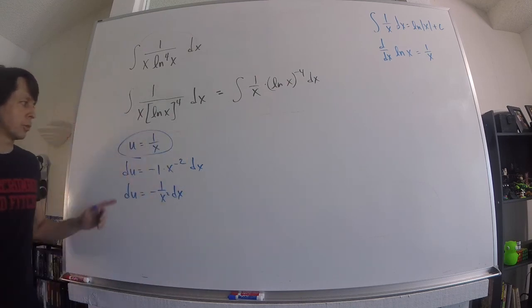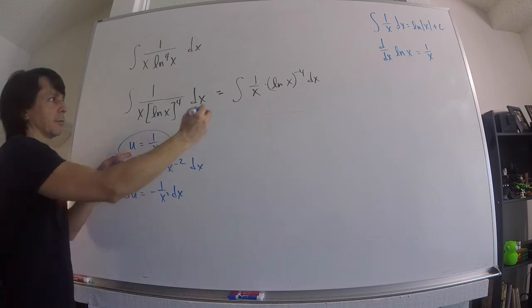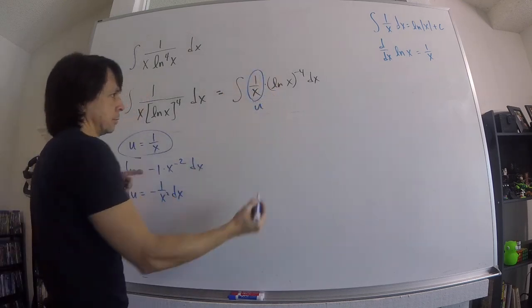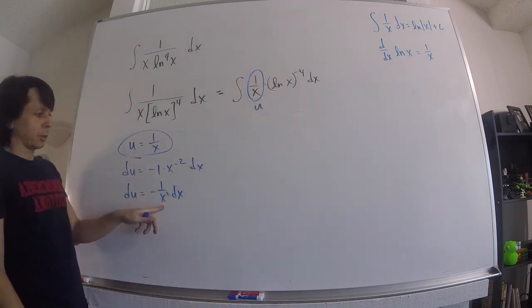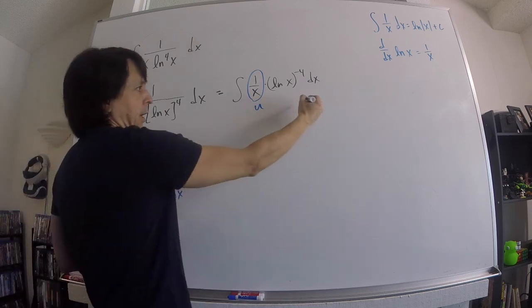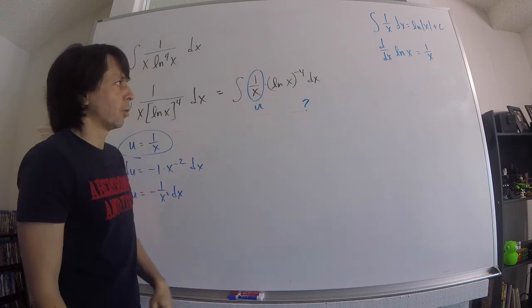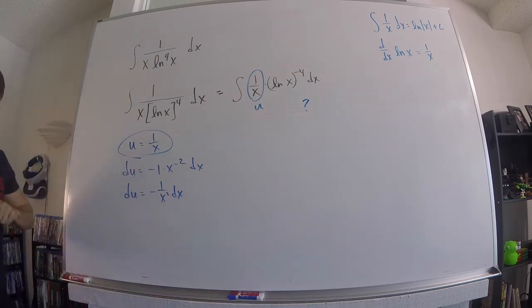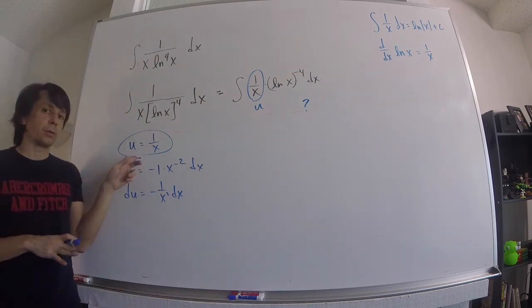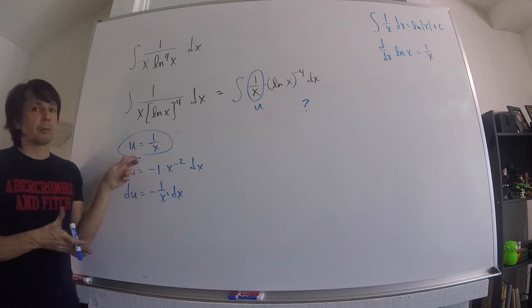So that choice of u will account for that. My dx has an x squared on the bottom, and I don't have that. And I also got no way to account for this ln of x to the negative 4, so no, that's not working out. So this choice did not work out. Don't stress, we have many other options.